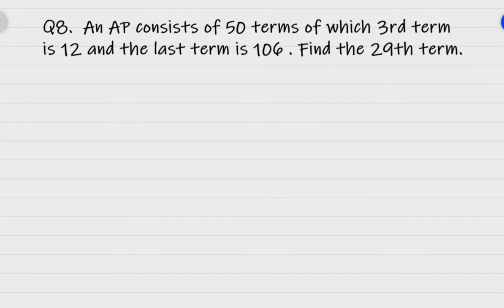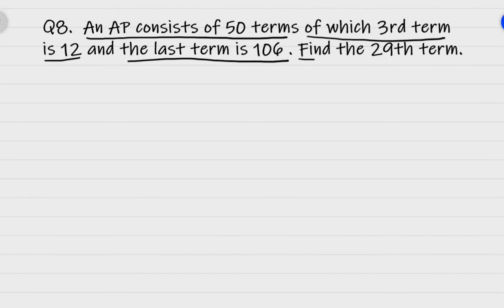An AP consists of 50 terms, of which third term is 12. See, third term is 12, total terms are 50, and the last term is 106. Find the 29th term. Children, simply if you put whatever is given, you will arrive at the answer very easily. See here, total number of terms is 50, means your n is equal to 50.